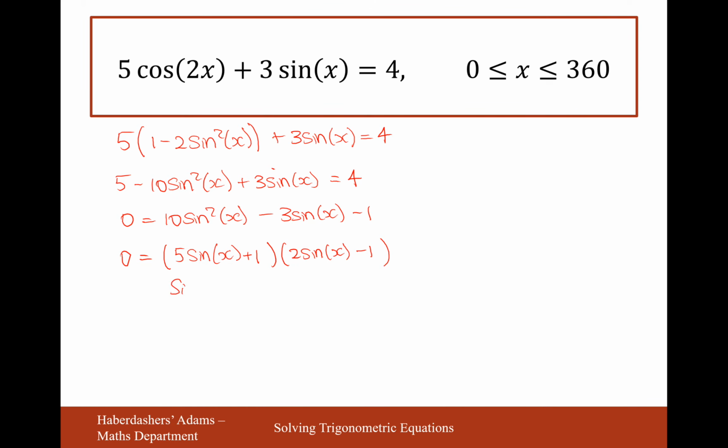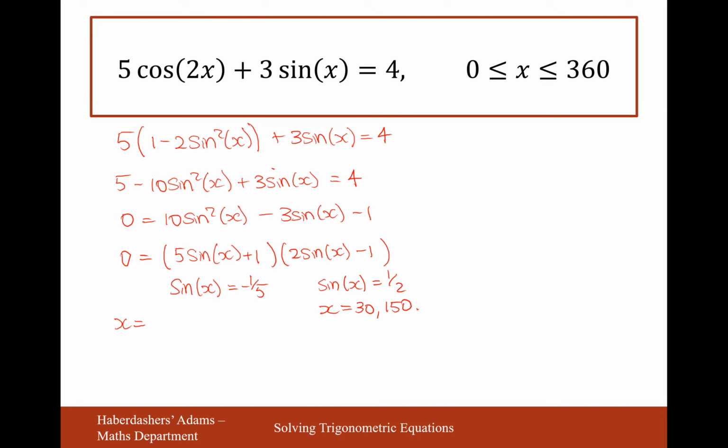So my two solutions here are going to be sine x equals minus a fifth, and sine x equals a half. And in between 0 to 360, the second equation will be 30 and 150. And then this side will be slightly more difficult because I'll have to use my calculator.